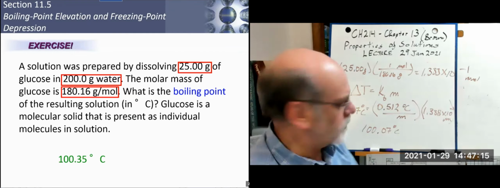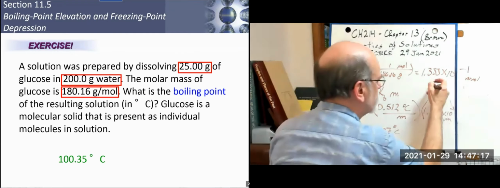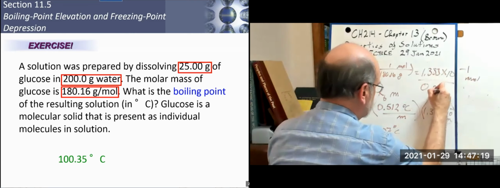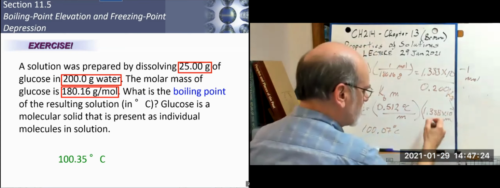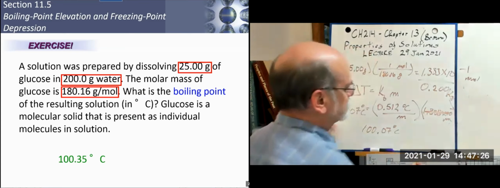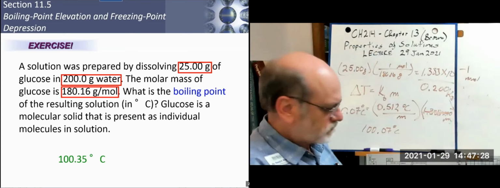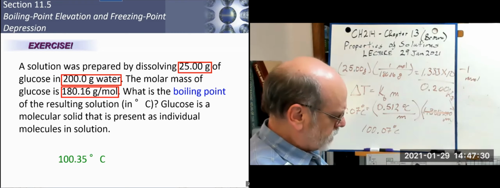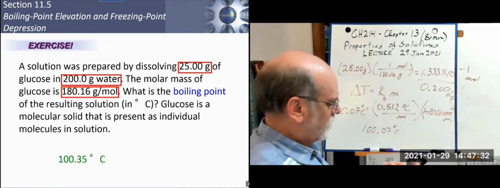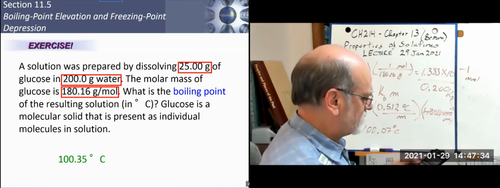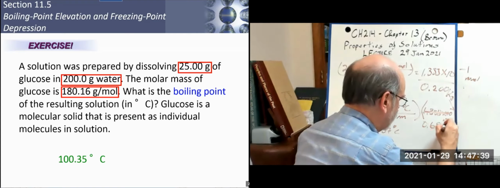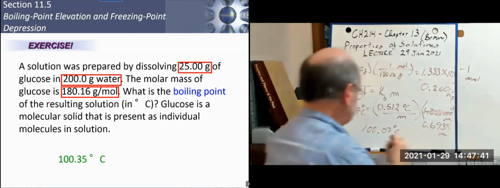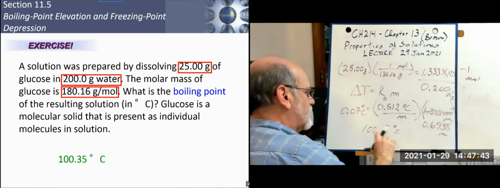So in 200 grams of water, it's this divided by 0.2 kilograms. So that's what goes in here. So that divided by 0.2 is 0.6938 molal. Haha, there we go.